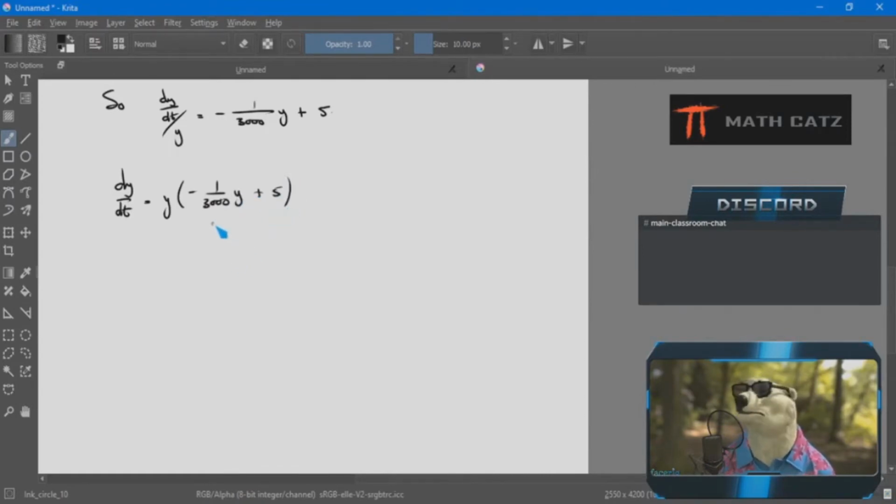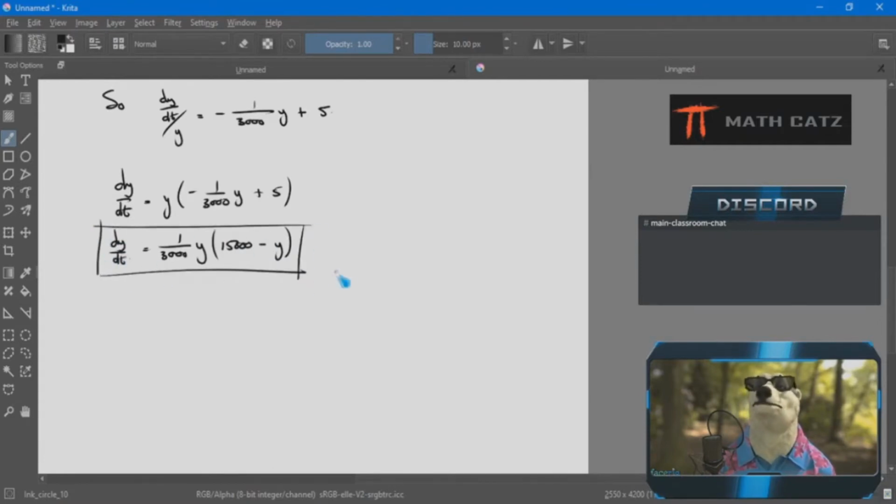But I'm going to take out 1 over 3,000 and write that in front, then have my y there, and then swap the other two around as 15,000 minus y. And there is our more familiar looking differential equation.